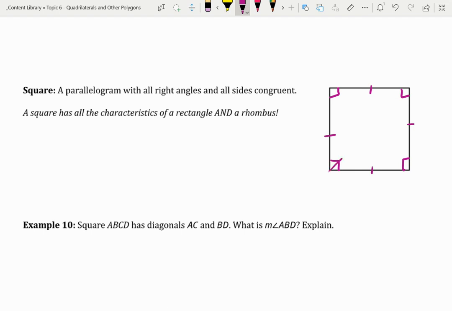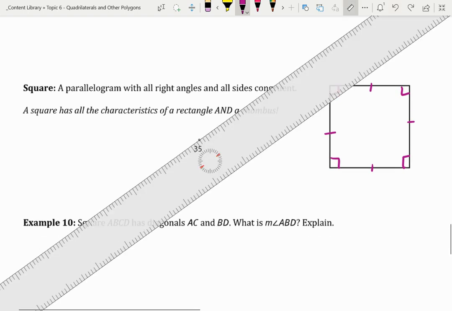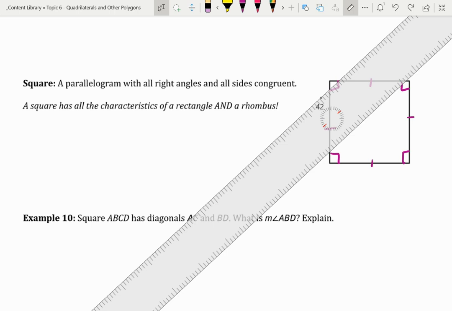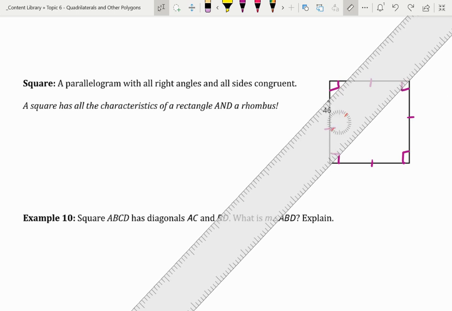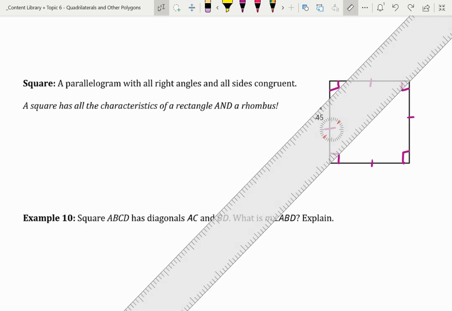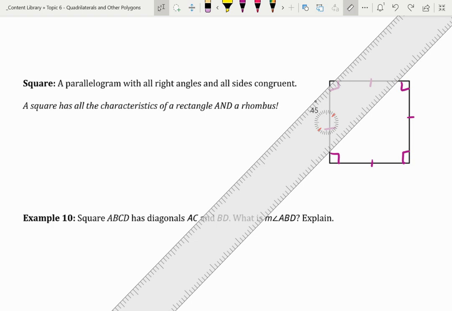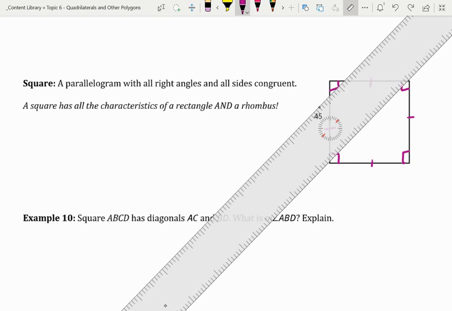So we've got our diagonals. Okay, that one didn't look so hot. Let's fix this so it looks right. There we go.